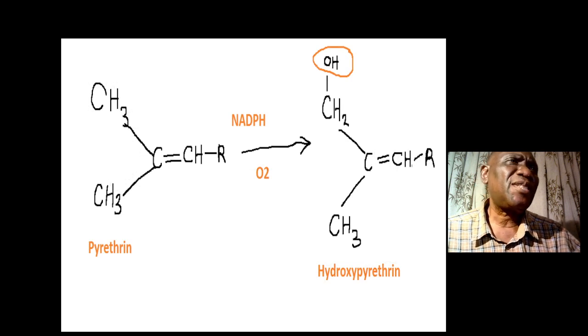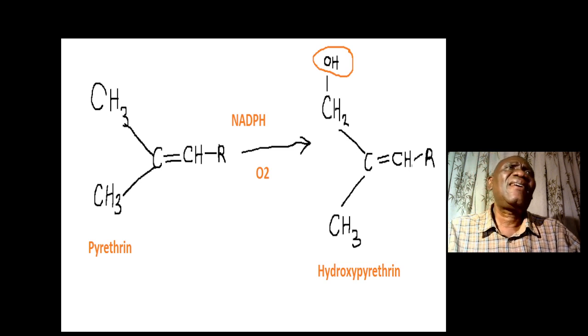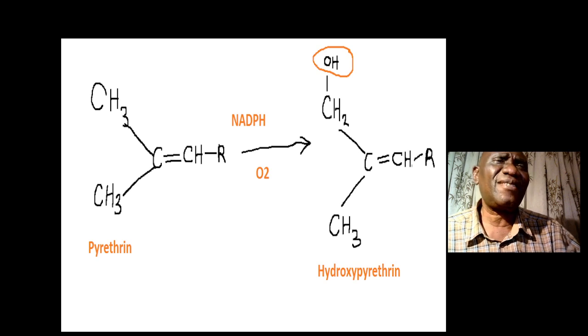So here we have got pyrethrin, which is an insecticide. What can happen is that on this pyrethrin you can have an insertion of the OH. Then you have what is known as hydroxypyrethrin, which means it loses its toxicity.